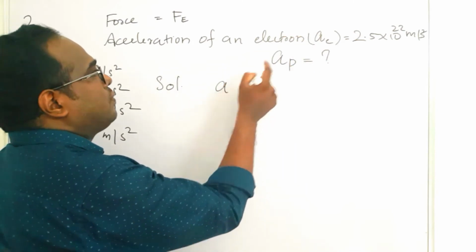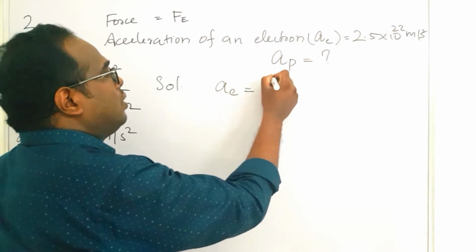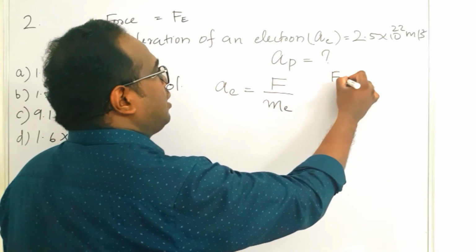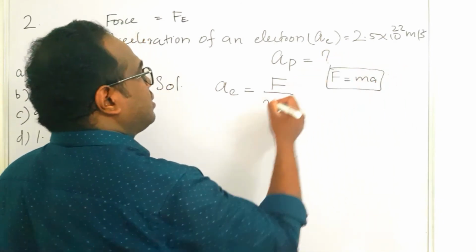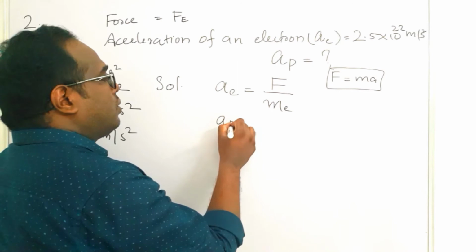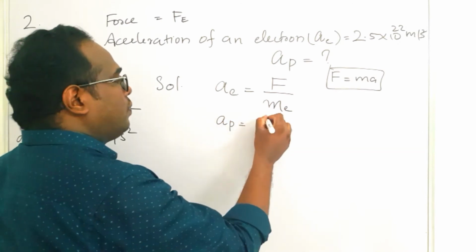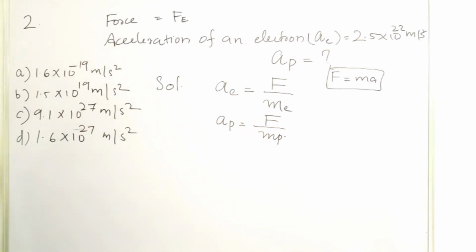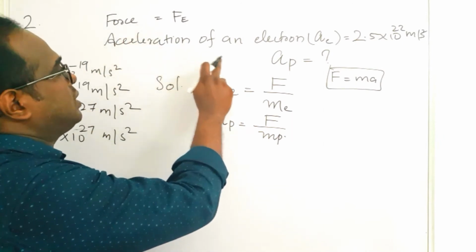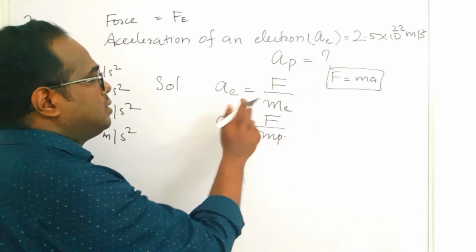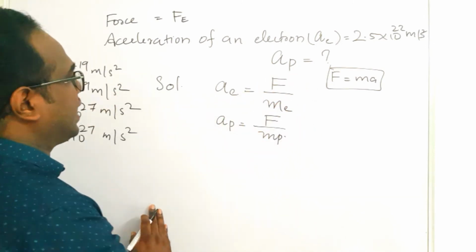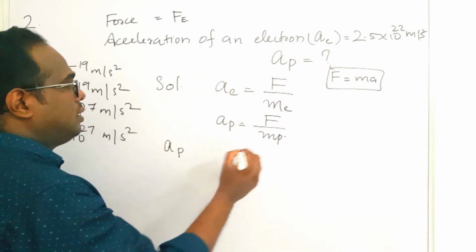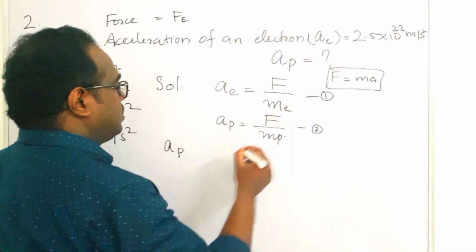So acceleration of electron is equal to force divided by mass of electron, correct? F is equal to ma, correct? So acceleration of proton is equal to force divided by mp, mass of proton, correct? Since the same force is acting on both the particles, F and F will get cancelled, right? So divide the second equation with the first.